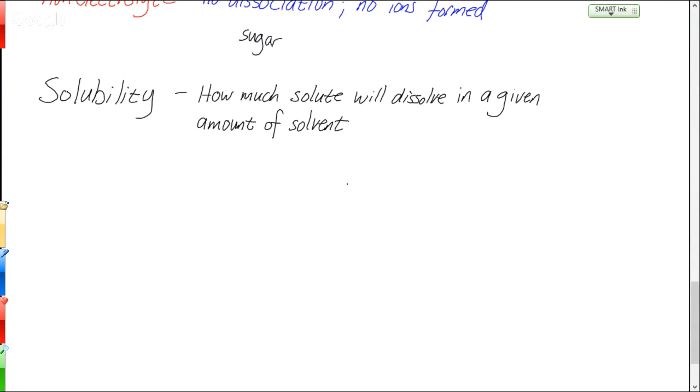Does anybody know what it's called when you've put all of the stuff in that you can? There's a word for the type of solution that has all of the solute that it could possibly hold. It's a saturated solution, yeah.